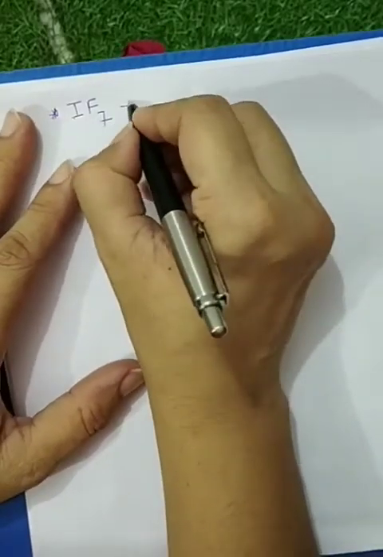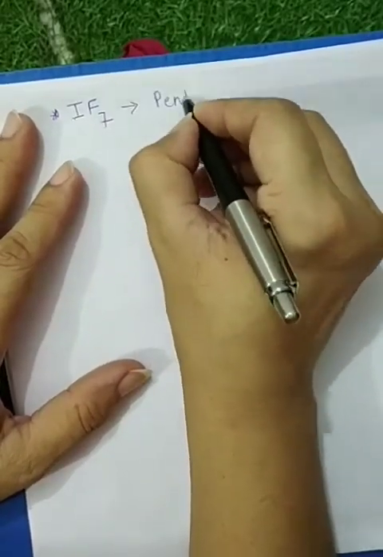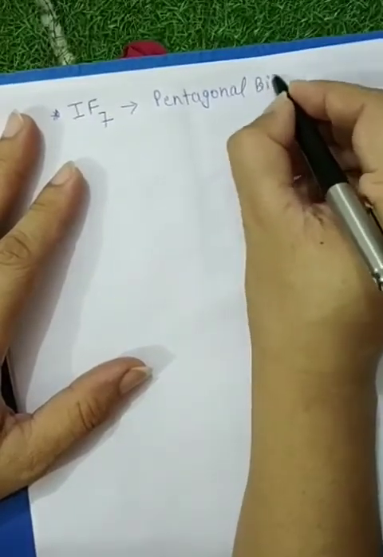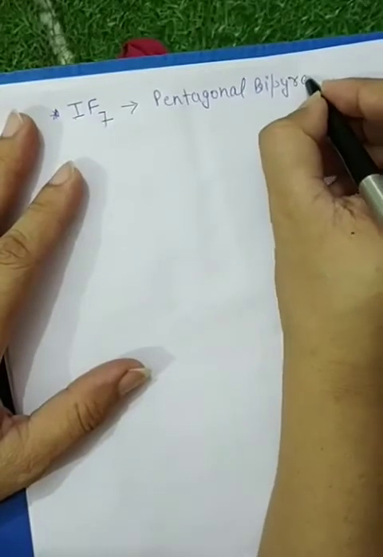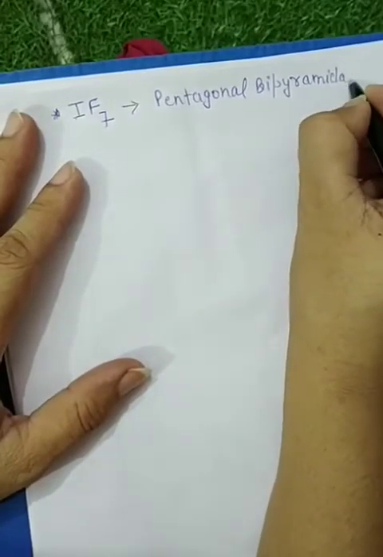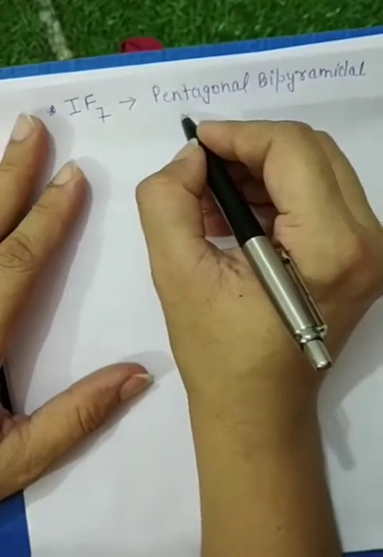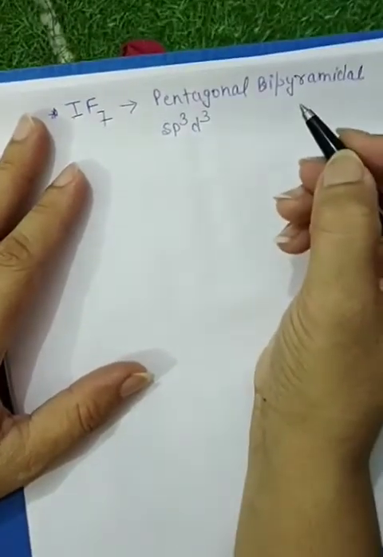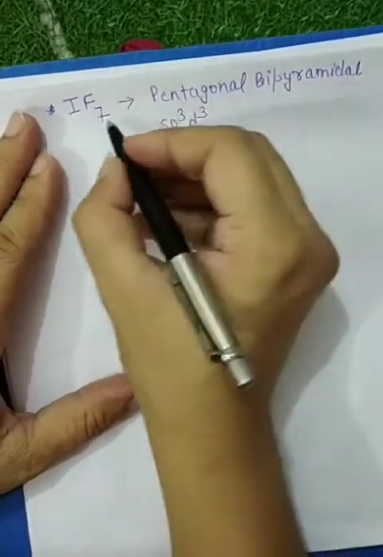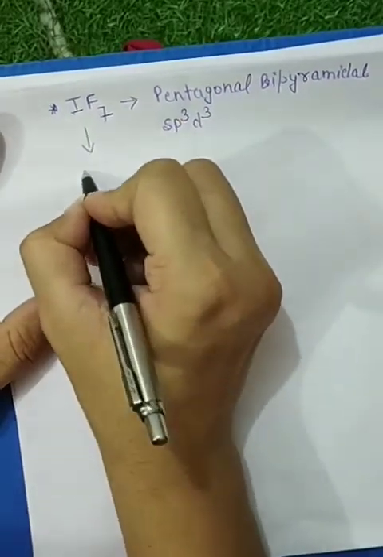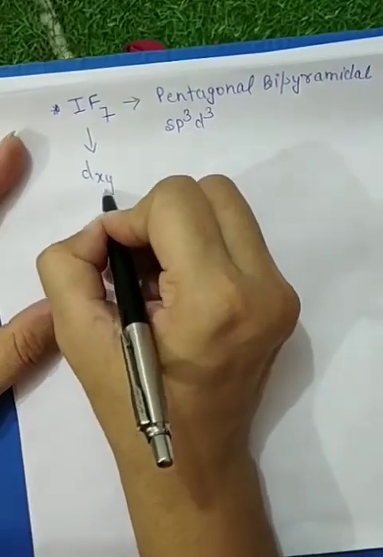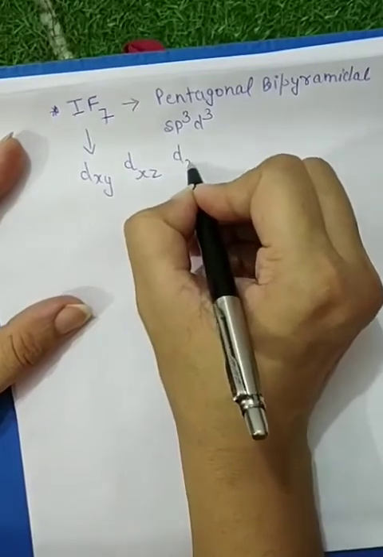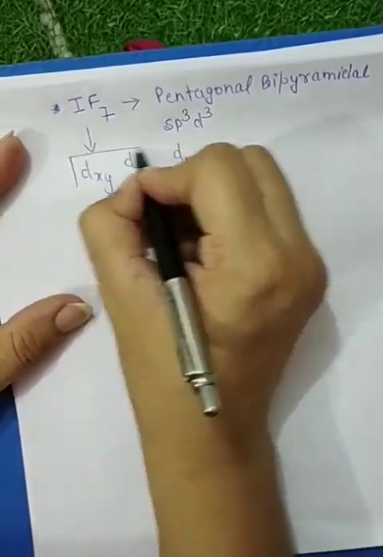This gives the molecule pentagonal bipyramidal geometry with sp3d3 hybridization. Here in this case, the d orbitals which participate in bonding are dxy, dxz and dyz.